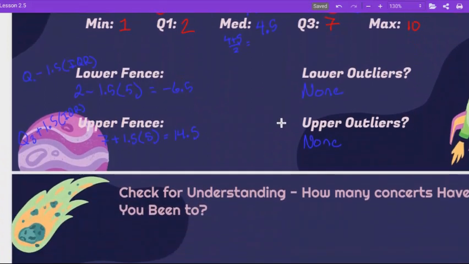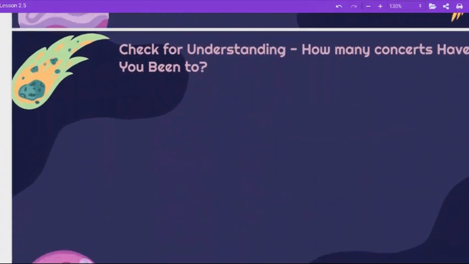And so now we just draw our box and whisker plot. Horizontal axis. I think I just went up by ones: 1, 2, 3, 4, 5, 6, 7, 8, 9, 10. Okay, and then I just plot those values that I had. I had a minimum at 1. I had a maximum at 10.